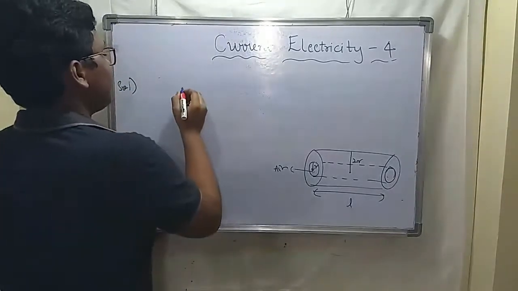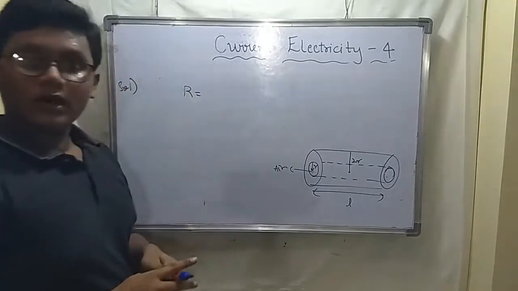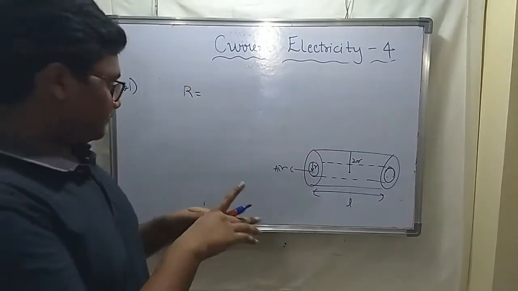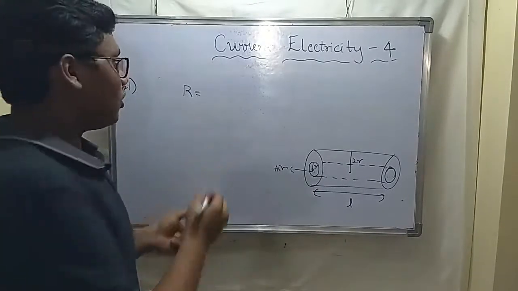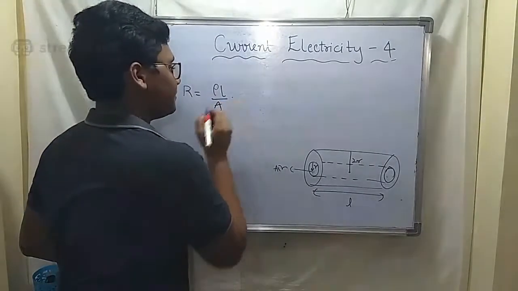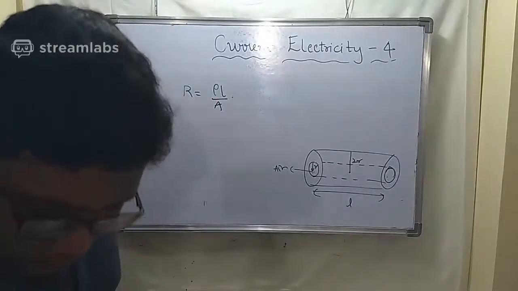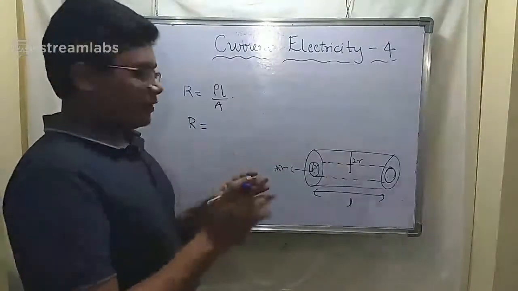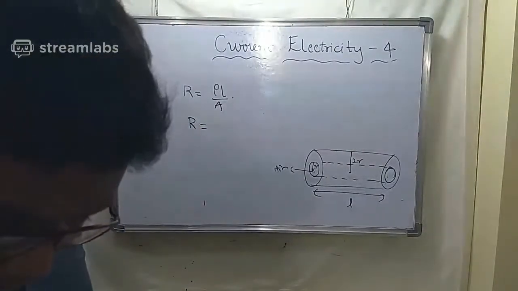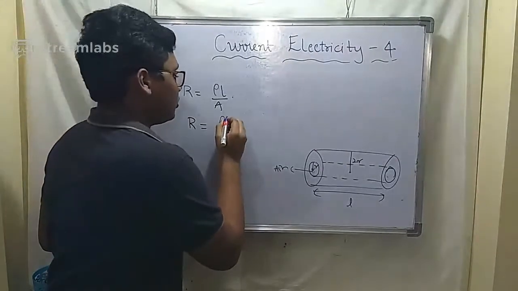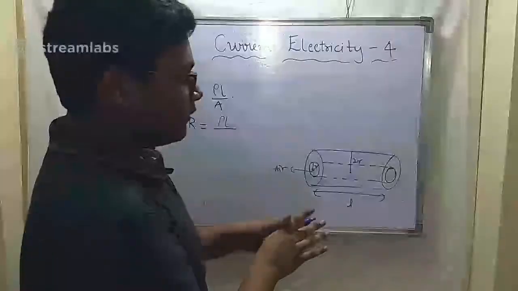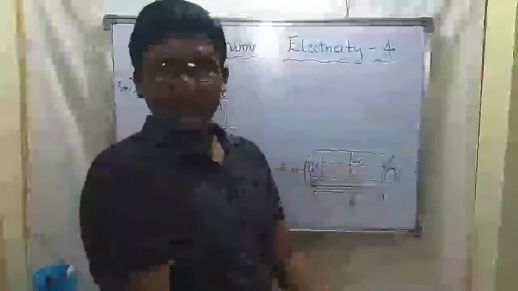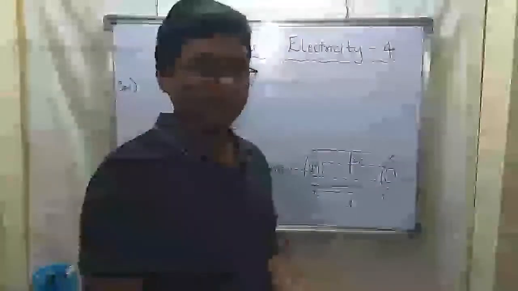What is R? The resistance formula is rho L by A. We'll neglect this hollow area because it is not conducting electric current; no electric current will pass through it.